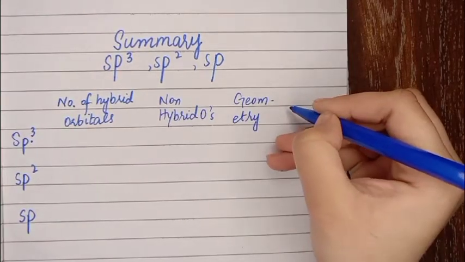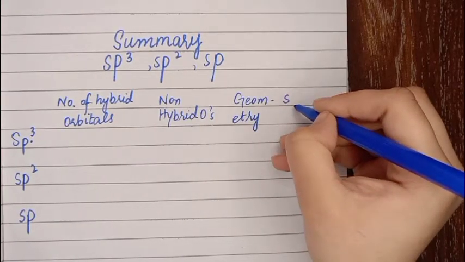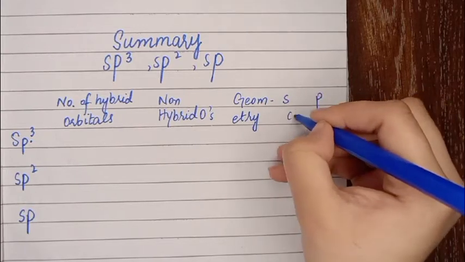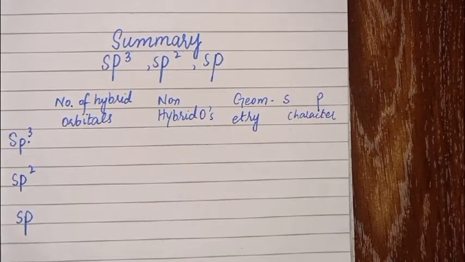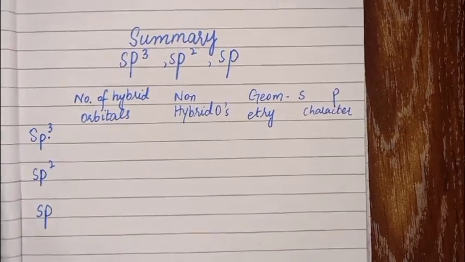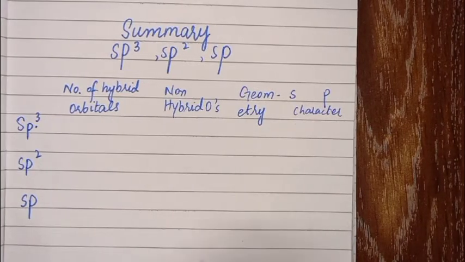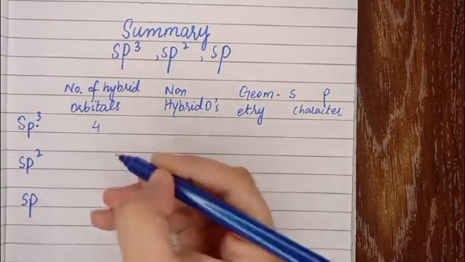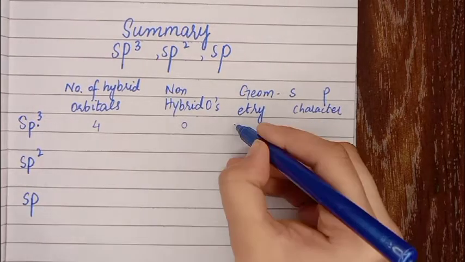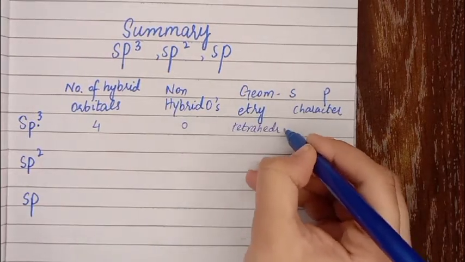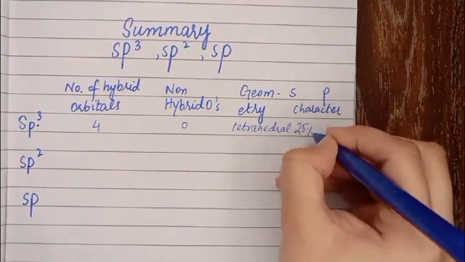And the molecular geometry is tetrahedral, as we saw in CH4. As for the s and p character, there is one s orbital and 3 p orbitals, so the s character is 25% and 75% is the p character.